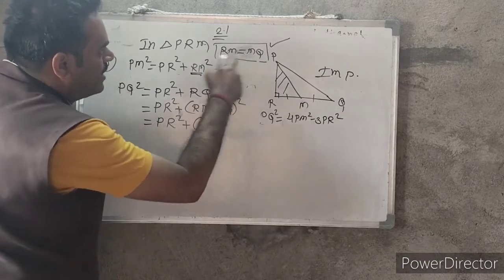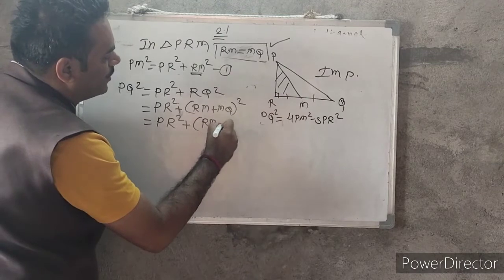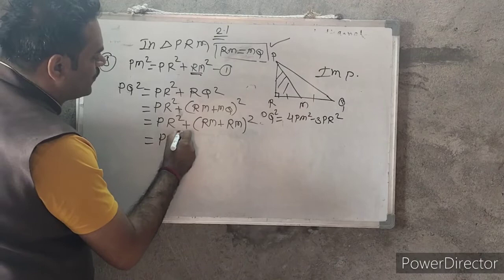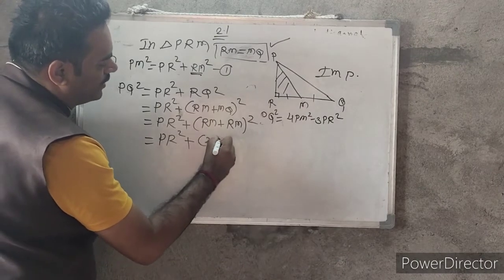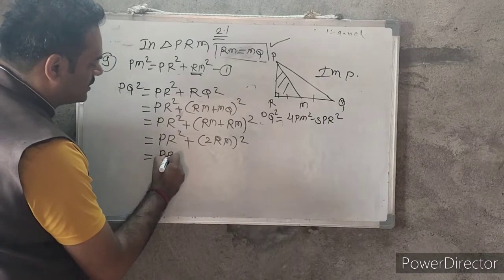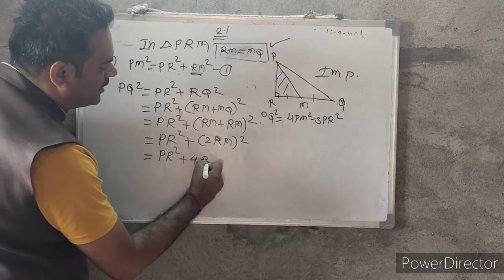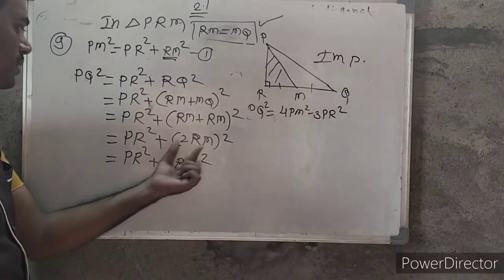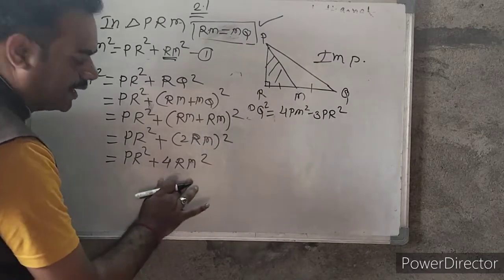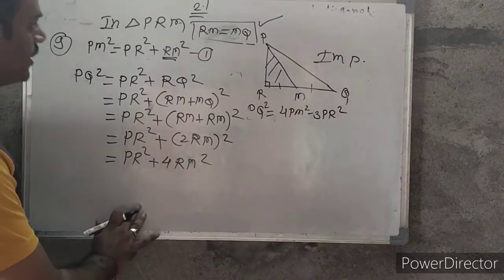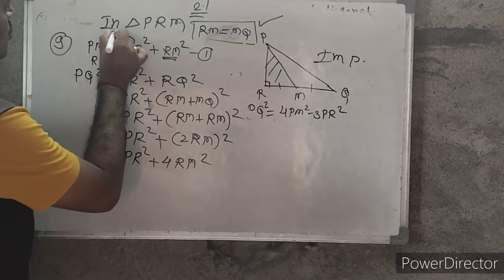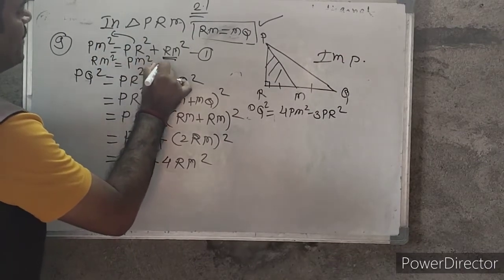But we can write MQ as RM also, because it's a midpoint. RM plus RM whole square. So PR square plus, RM कितने RM हो गए, 2 RM square. Okay, so PR square plus 2 का स्क्वेयर 4 and here RM square. PR square plus 4 RM square. Now RM square is nothing but what, that PR goes here, PM square minus PR square.